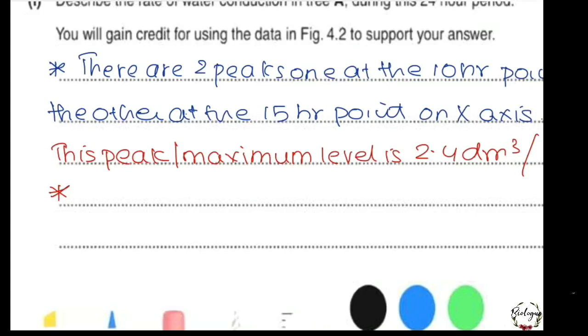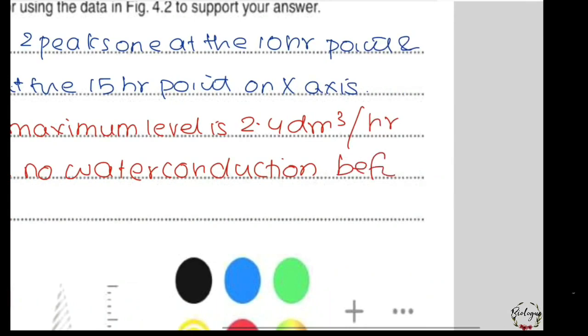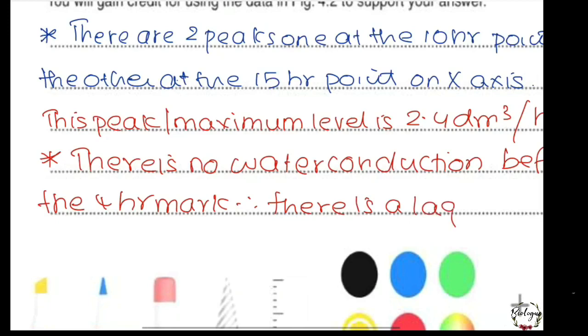Alright, so how you word it is like this: there is no water conduction before the 4-hour mark, hence there is a delay or a lag seen in the graph.